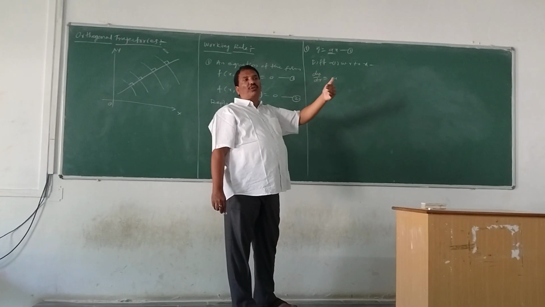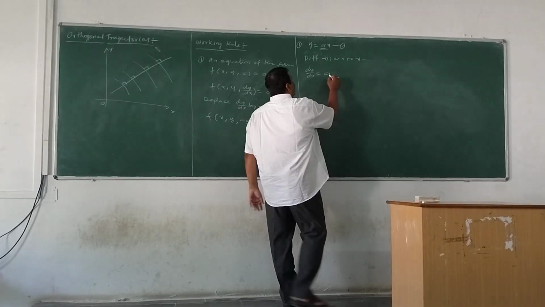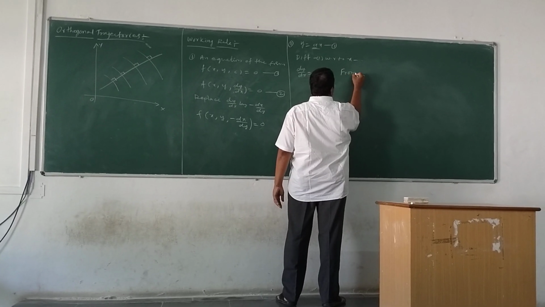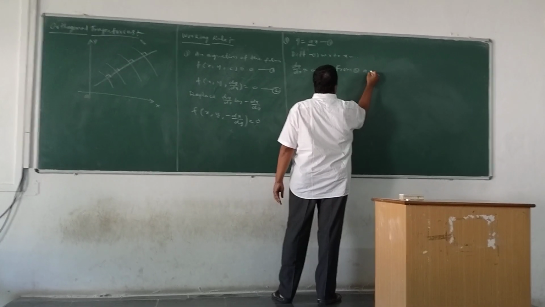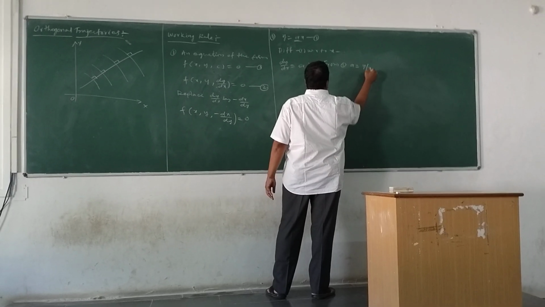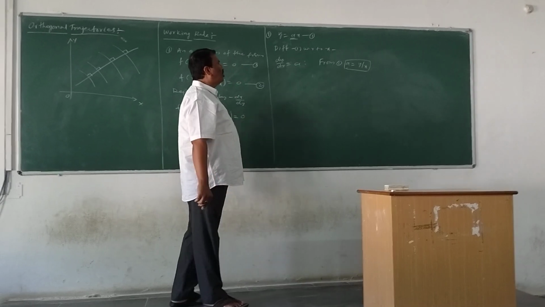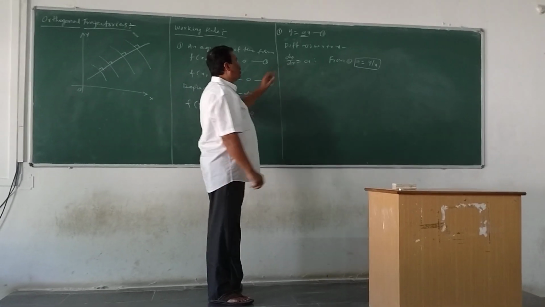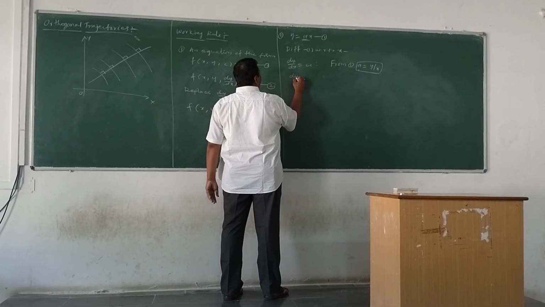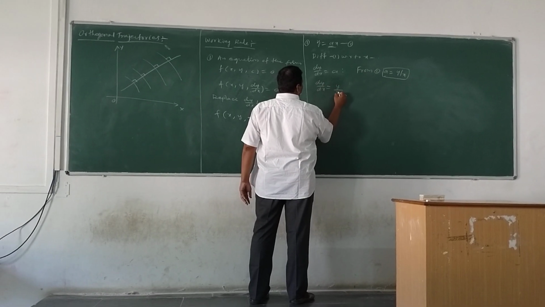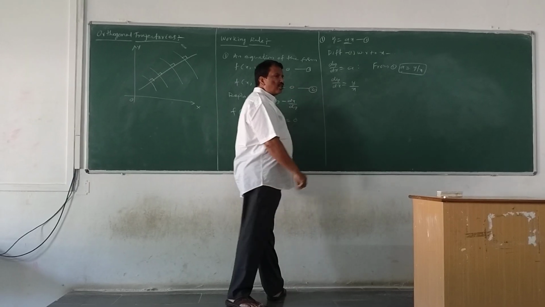Now we have to substitute the value for a. From equation 1, a equals y by x. Now this value is substituted in this equation: dy by dx equals y by x.